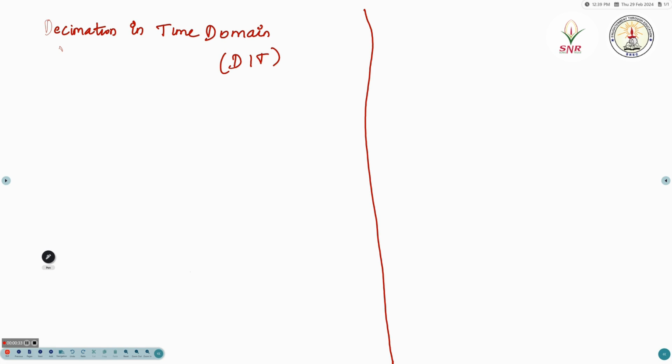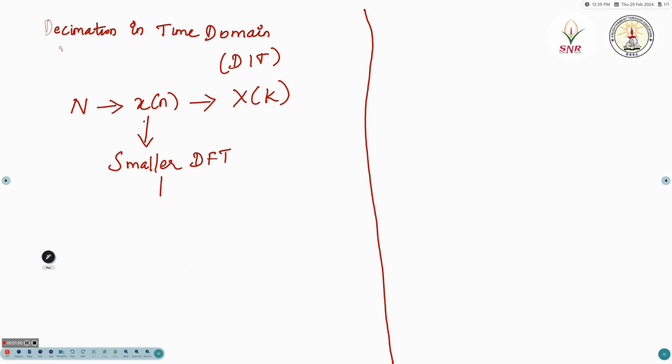So here in decimation in time, the radix-2 FFT algorithm converts the time domain n point sequence x of n to the frequency domain n point sequence, which is called x of k. In the decimation in time algorithm, the time sequence x of n is decimated into smaller DFTs and computation is performed. So the results of the smaller DFTs are combined to produce the result of the n point DFT.